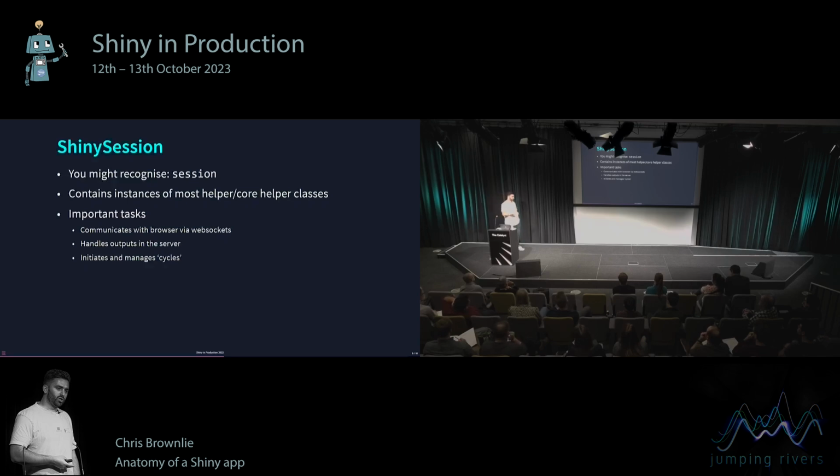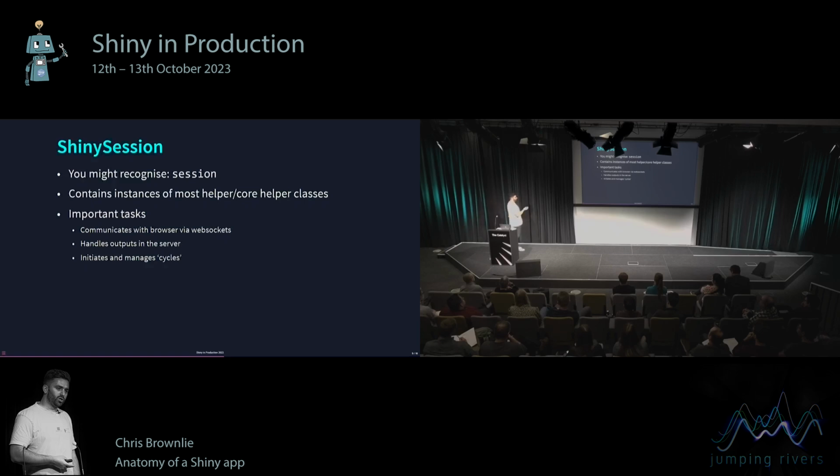You can think of it as the top level or the home of the app. And it's how Shiny accesses a lot of the optional classes and the other core helper classes. It accesses them through the Shiny session, so it's a very important object for a Shiny app session.